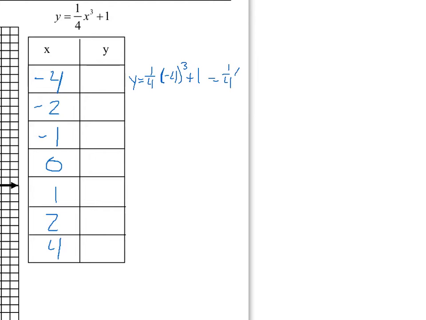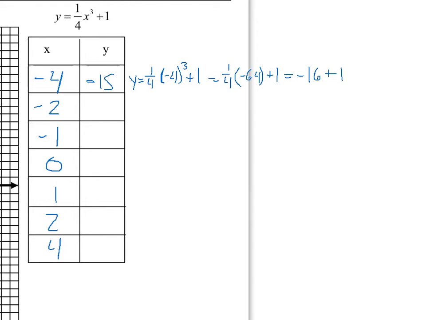So we have 1/4 times negative 64 plus 1. 1/4 times negative 64 is going to be negative 16. Negative 16 plus 1 is negative 15. That's a lot of work.